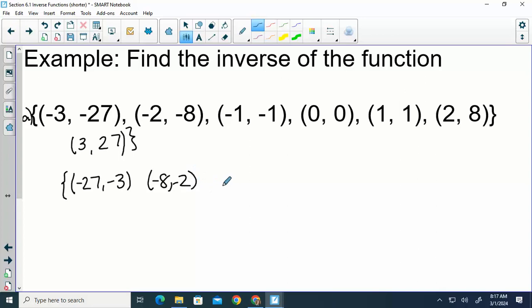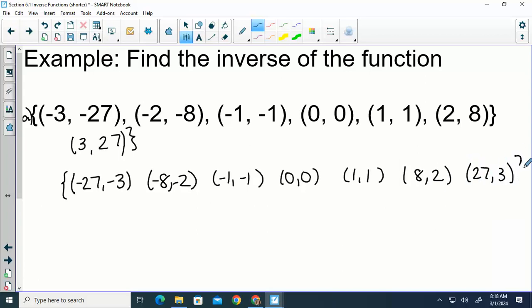Negative 8, negative 2. Negative 1, negative 1. 0, 0. 1, 1. 8, 2. 27, 3. You guys do B.